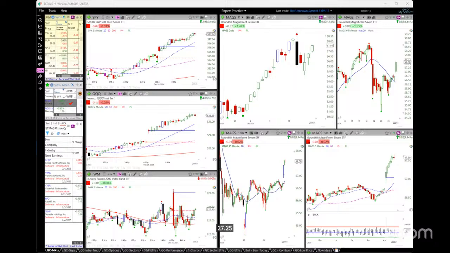Next week is 25 cents. Let's try to get 30, which would mean we want 5 cent improvement on a pullback.